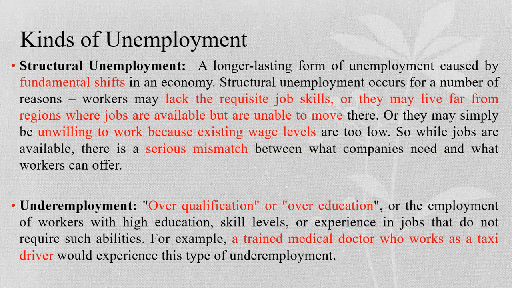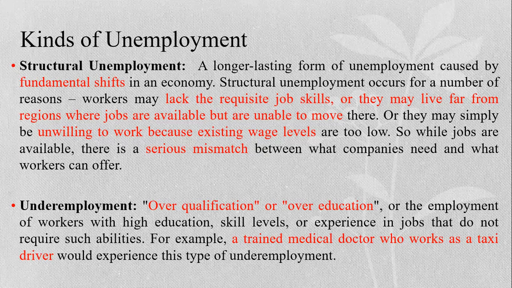Second, they may live far away from regions where jobs are available, but they are unable to move there. Like in Uttarakhand, jobs are there in the Pantnagar industrial area, Sitarganj is there, but if you are staying here and you don't want to move there, then it comes under structured unemployment.